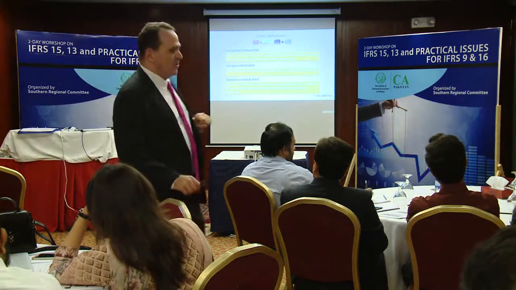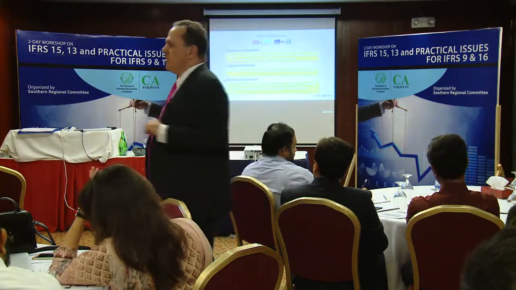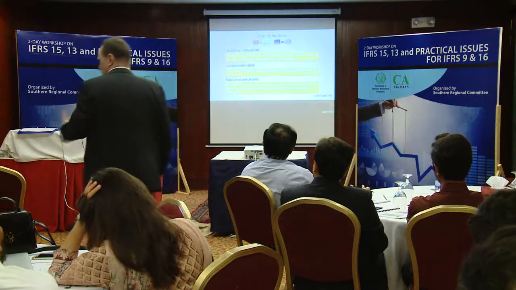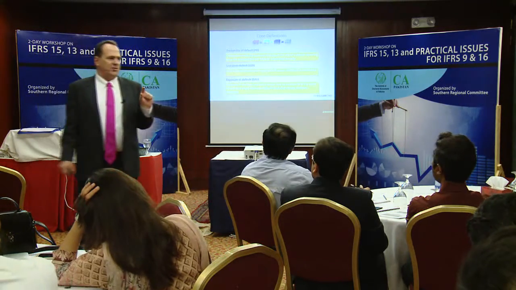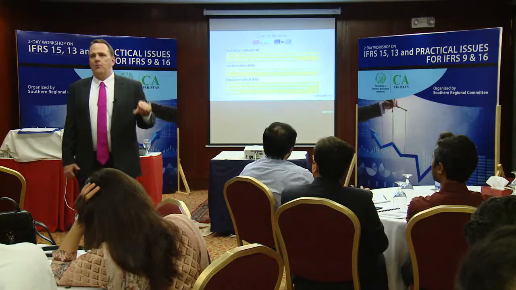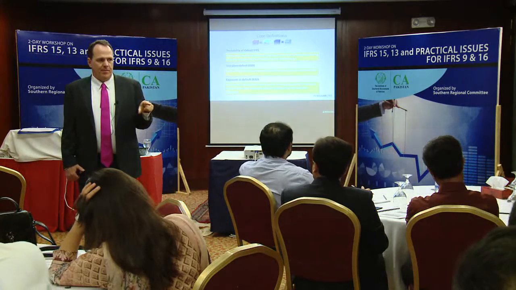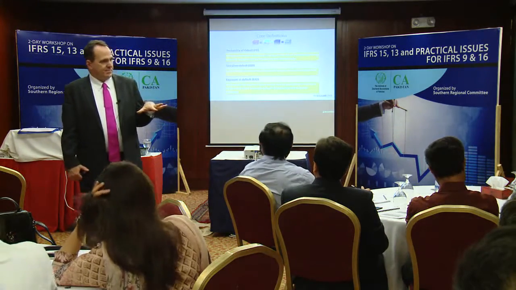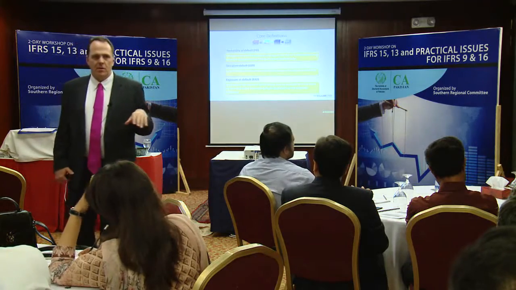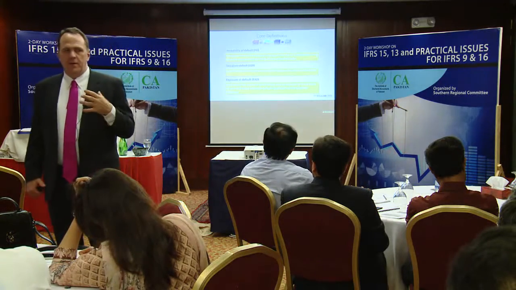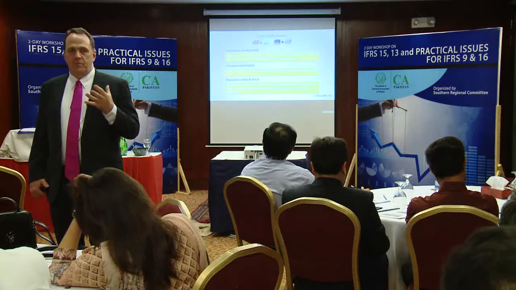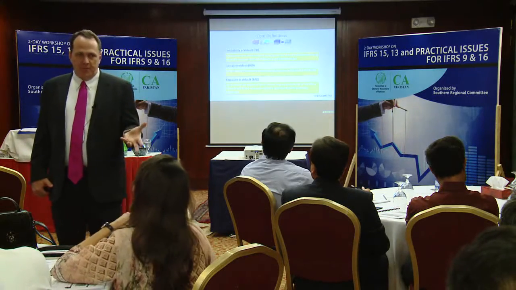The second one is the loss given default. Now, when you look at the probability of default, the standard is very explicit. You don't look at collateral. It's irrelevant. So you look at whatever you define default to be of happening.